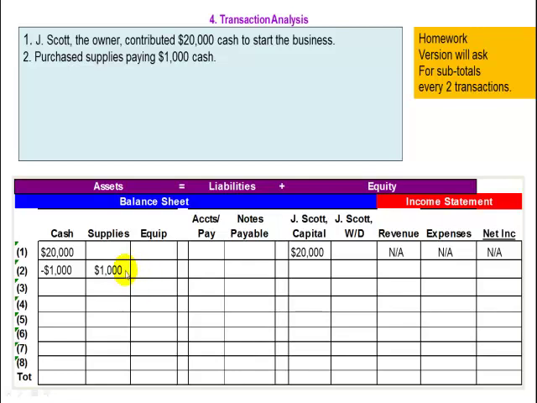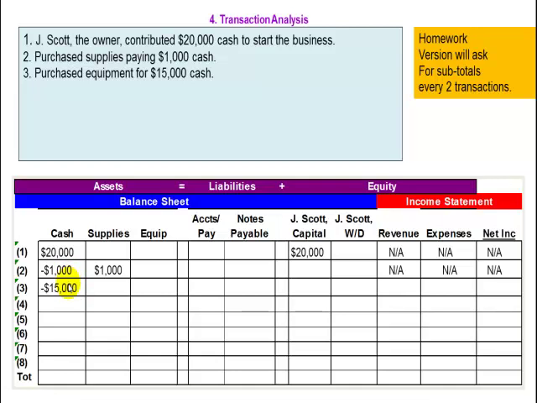All right, so let's go to the third transaction. Oh, also, before we go to the third transaction, this buying the supplies is not revenue. It's not an expense. Therefore, it's not anything connected with net income. It's just trading one asset, supplies, for cash, which is another type of asset. Transaction 3, we purchased equipment for $15,000 cash.